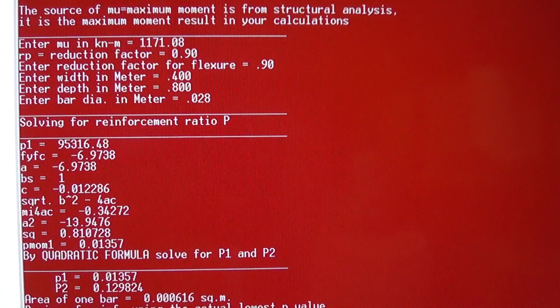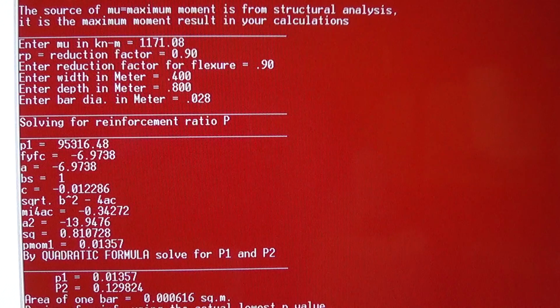The first design that we're doing is the actual design by theory, using the formula for the beam, which is Mu is equal to 0.9 f_y b d squared times the P here, the reinforcement ratio, and then multiply by the equation inside the bracket, which is 1 minus 0.59 f_y over f_c' times P. Now what is this equation telling you?